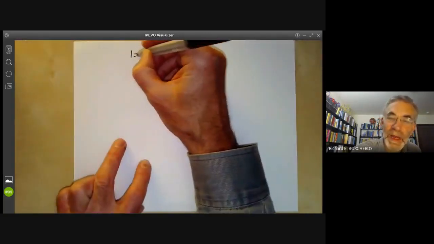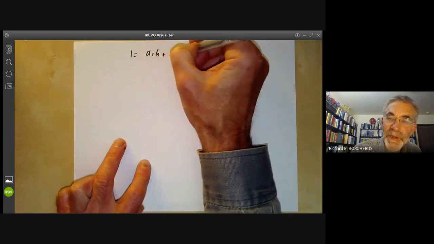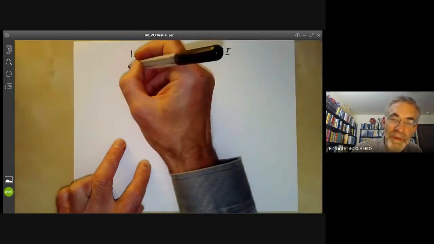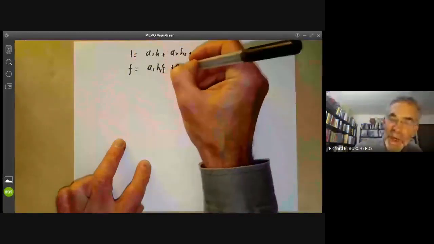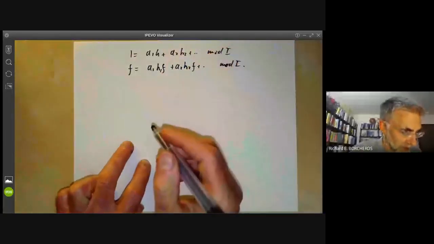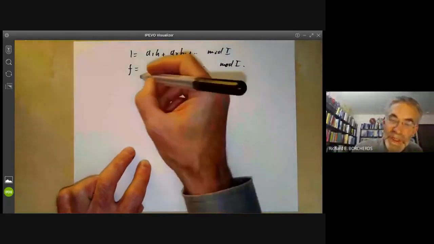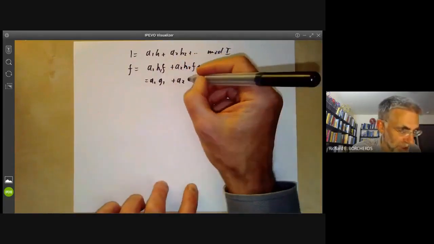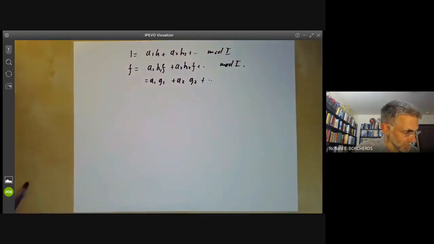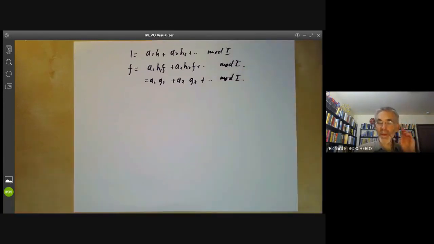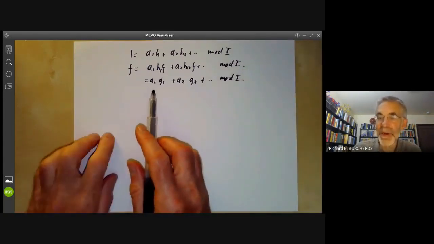So since we've got 1 is equal to a1 h1 plus a2 h2 and so on modulo I, we multiply by f, and we find f is equal to a1 h1 f plus a2 h2 f and so on, again mod I. And now we know that h1 f is equal to g1, so this is equal to a1 g1 plus a2 g2 and so on mod I. So this suggests a definition of f.